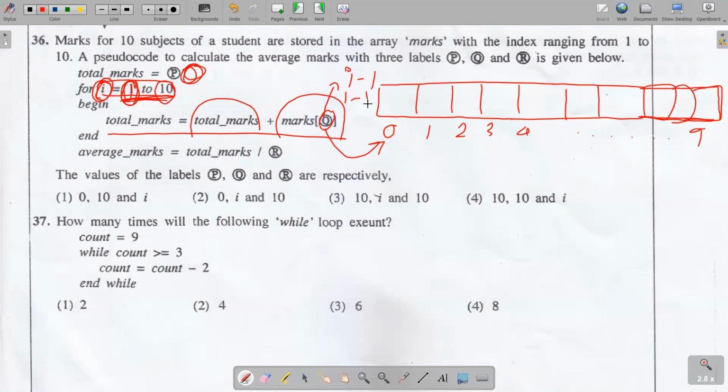So P is 0, Q is I minus 1, and R is going to be, average marks equals total marks divided by this. This can simply be 10. So it's going to be like that.